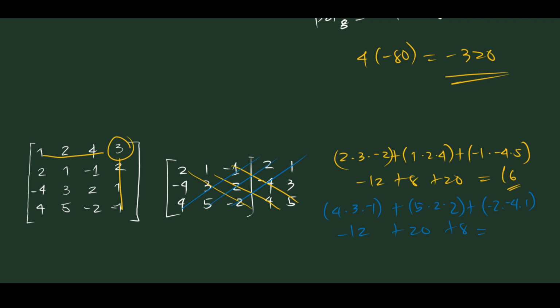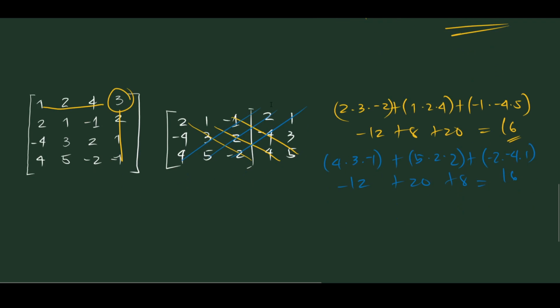What are we left with here? Negative 12 plus 20, that's 8 plus 8, 16. So the determinant, this is determinant 4, right? So actually 16 minus 16. So this is 0 again. So if you multiply 3 times 0, it's equal to 0.